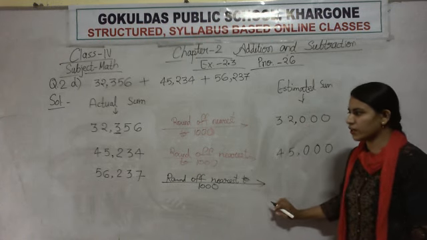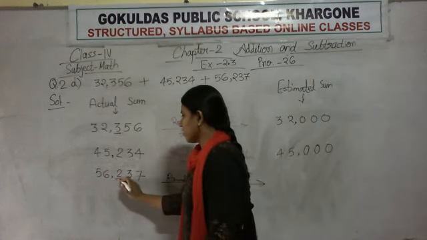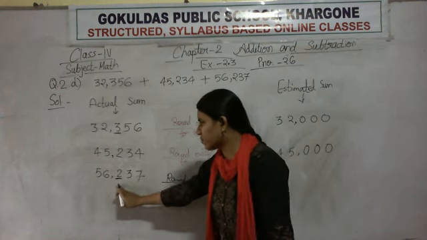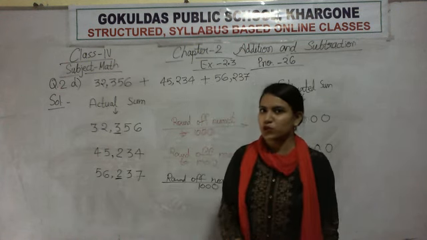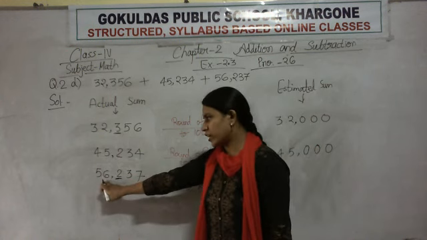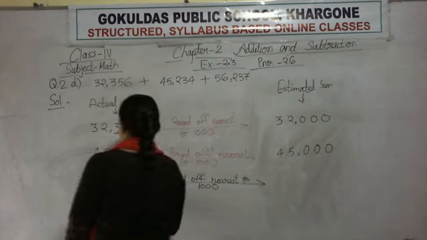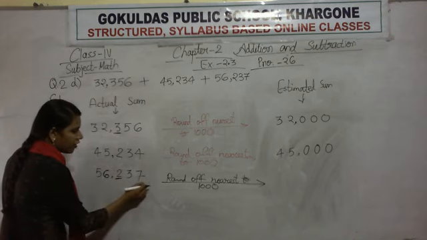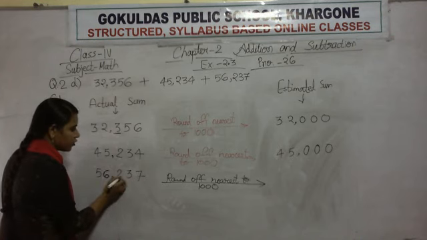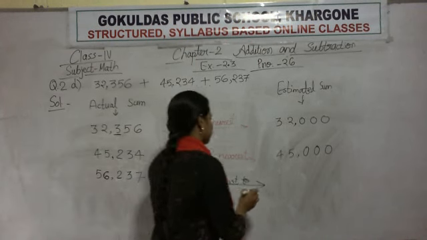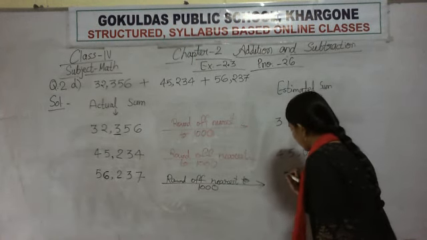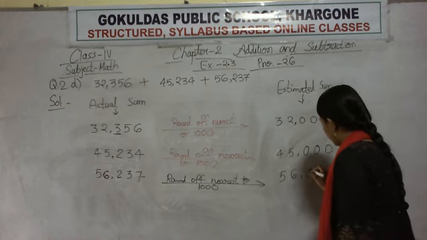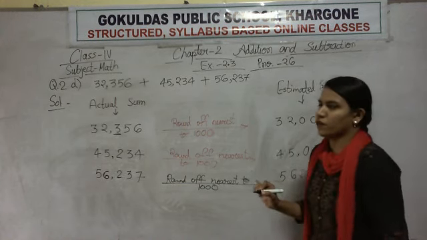Which digit you will check? You will check the hundreds place digit. As at hundreds place digit 2 is there, so according to rule, what you do? No need to change thousands digit, and you will make ones, tens and hundreds digit to 0. So after rounding off, we got 56,000.